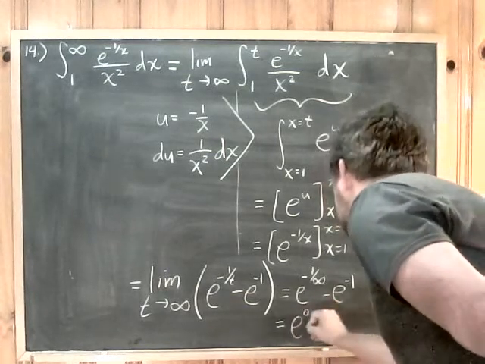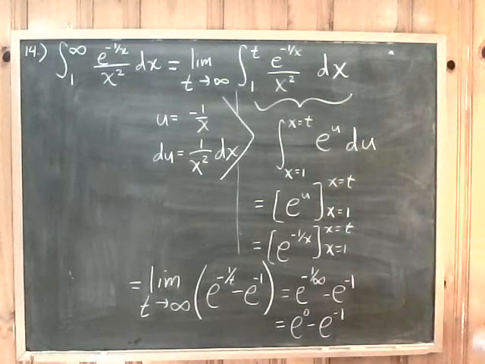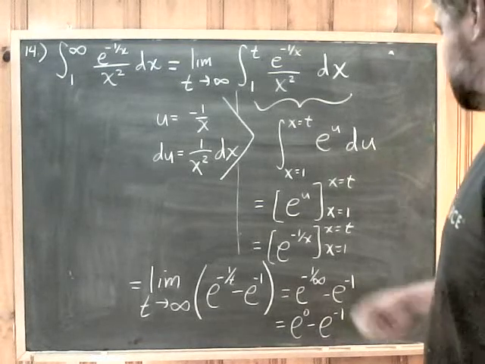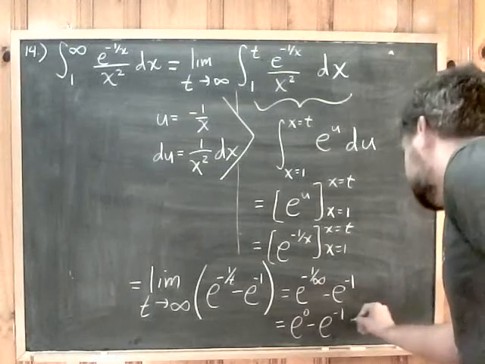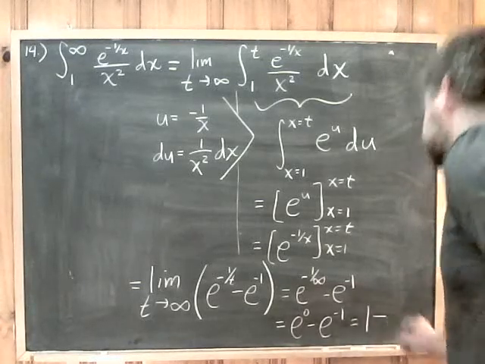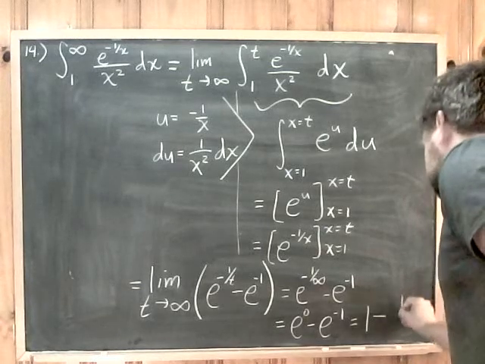So I get e to the 0 minus e to the negative 1. And that you should simplify, at least the e to the 0. It would be all right to leave it as e to the negative 1, but e to the 0 is 1. So that equals 1 minus, and I'll simplify the other one too. It's nice to remember that e to the minus 1 is 1 over e.